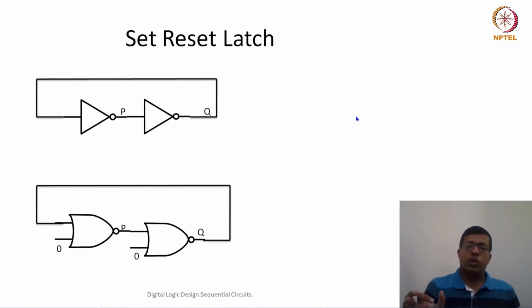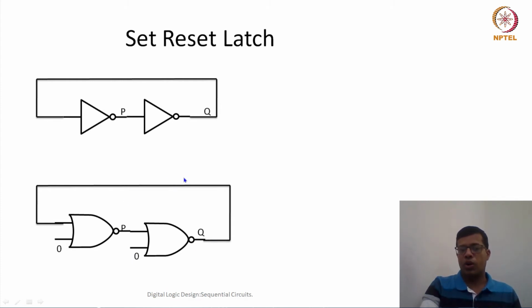Not only can we replace our inverter with a NOR gate, we can also replace them with a NAND gate. The overall mechanism is the same or at least similar. The only difference is that instead of 0, in the case of 1 it is going to work like an inverter.